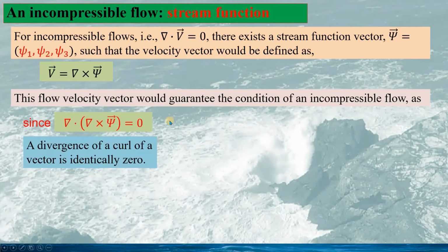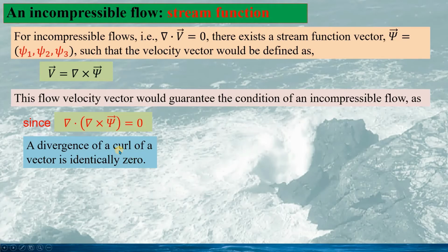This flow velocity vector would guarantee the condition of an incompressible flow, given as this: the divergence of the curl of the stream function vector psi is 0.